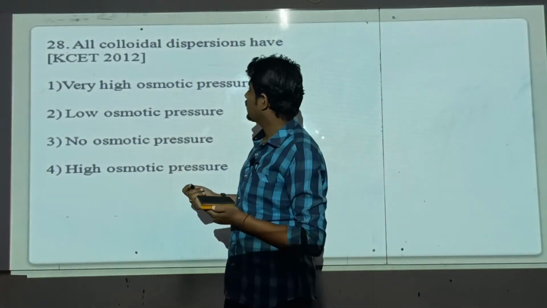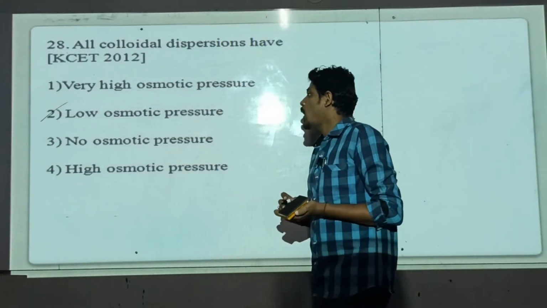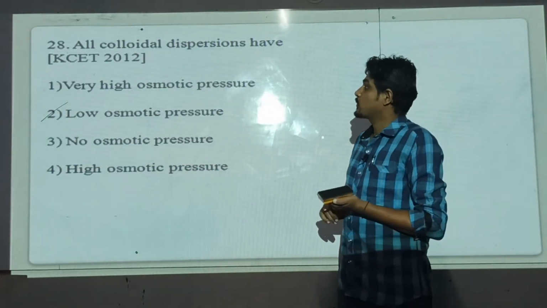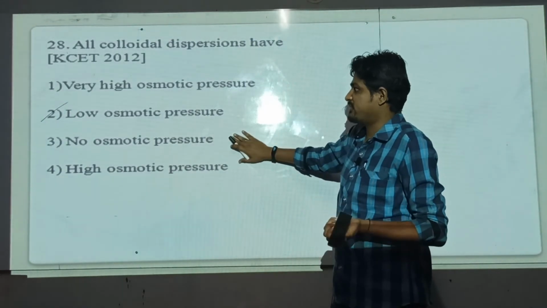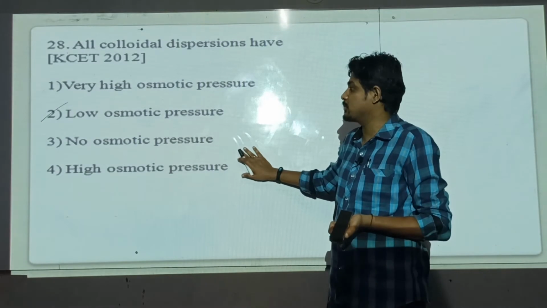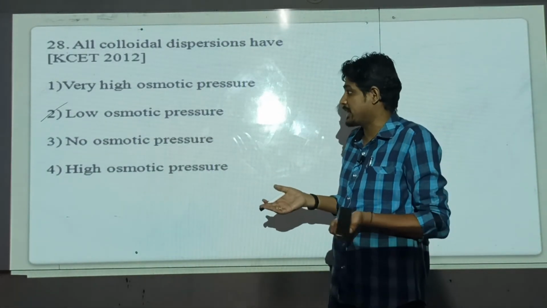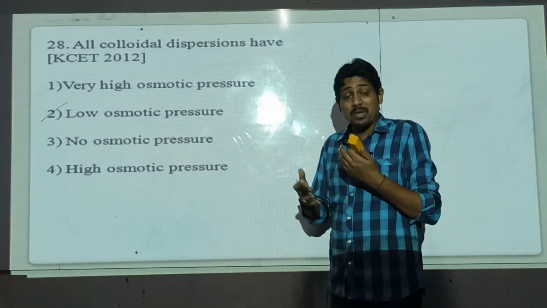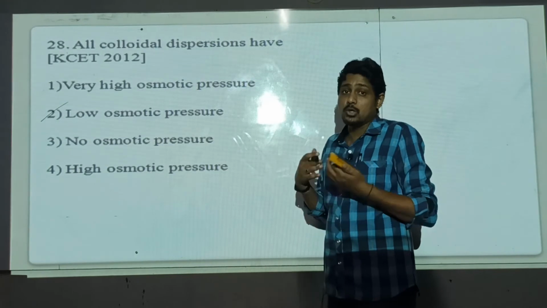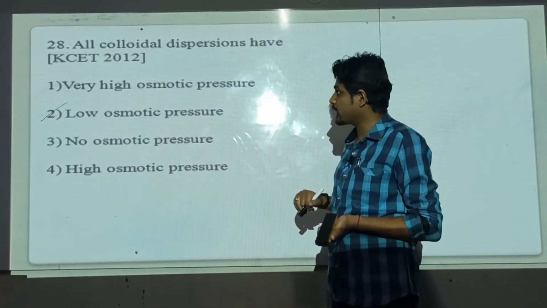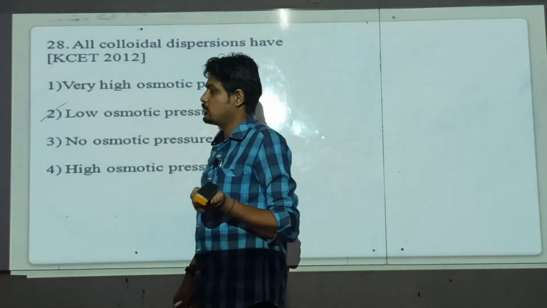So the second one, lower osmotic pressure. It cannot have high osmotic pressure. Definitely when the dispersion medium and the dispersed phase are separated, there has to be some osmotic pressure. There cannot be no osmotic pressure at all. Very high does not matter. So it is the low osmotic pressure.